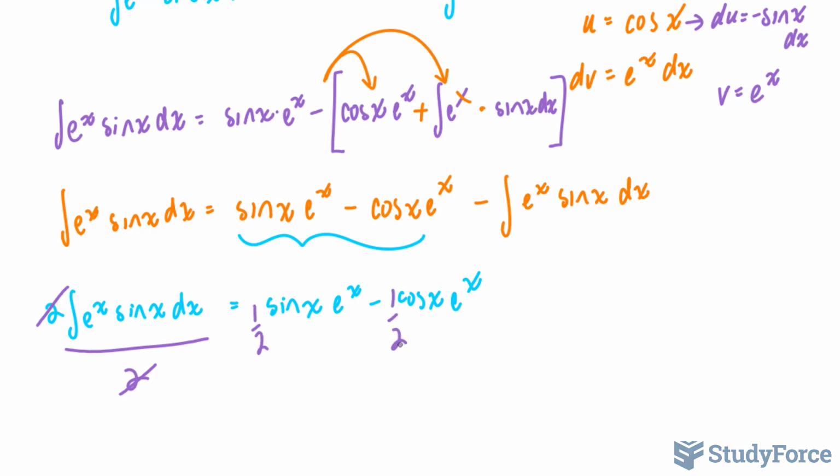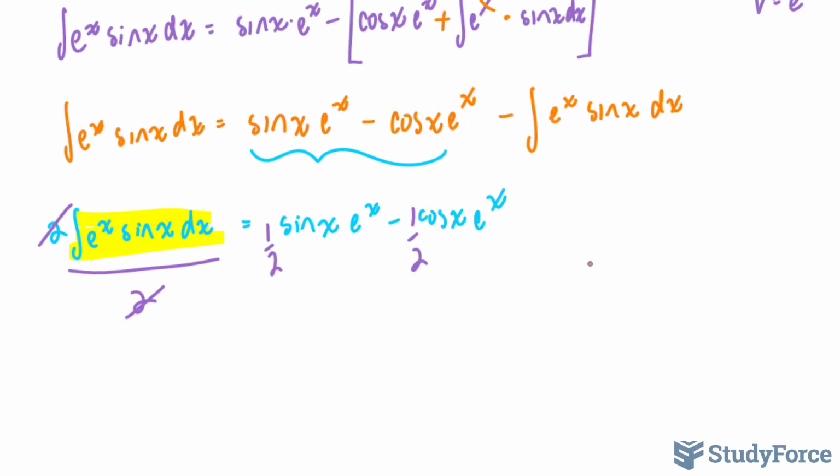And so therefore, the integral of this is equal to this. And of course, don't forget to add a plus C because this is an indefinite integral. And optional, you can write down C over 2 just to be consistent.